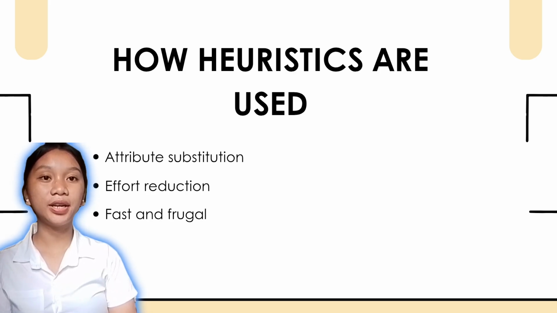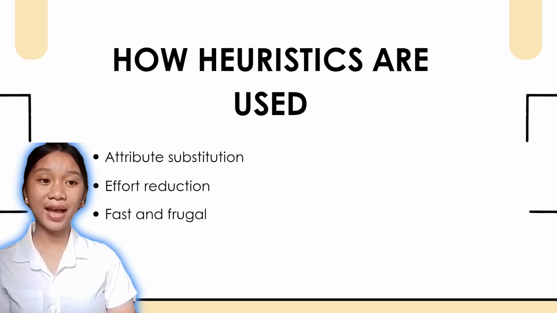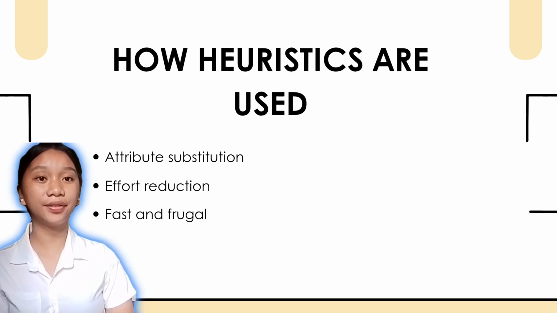Second, effort reduction. People use heuristics as a type of cognitive laziness to reduce the mental effort required to make choices and decisions. Third, fast and frugal. People use heuristics because they can be fast and correct in certain contexts. Some theories argue that heuristics are actually more accurate than they are biased.